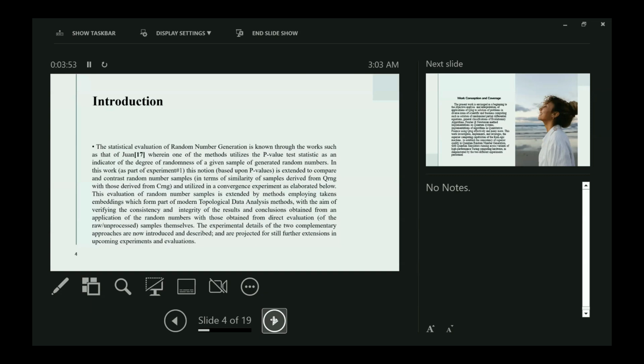And in this work, I have extended that notion of the degree of randomness or quality of the random numbers to compare, based upon the p-values, the random number samples that were generated from the QRNG with those derived from the CRNG.